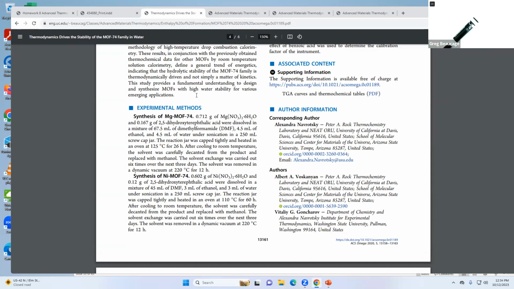All right, so it's aromatic. You have a benzene ring, and on two sides, a pair of positions, you have a carboxylic acid. That's terephthalic acid, so it's a dicarboxylic acid.